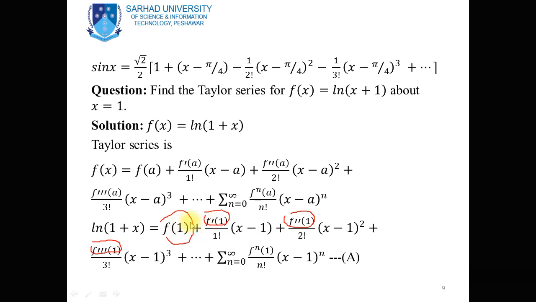So dear students, in the problem, the function will be given, the x value will be given, so you can simply find the function value at x equal to a, the first order derivative at x equal to a, the second order derivative at x equal to a, and the third order derivative at x equal to a.